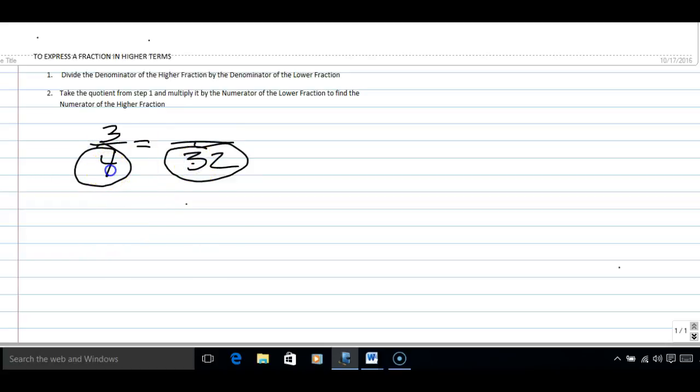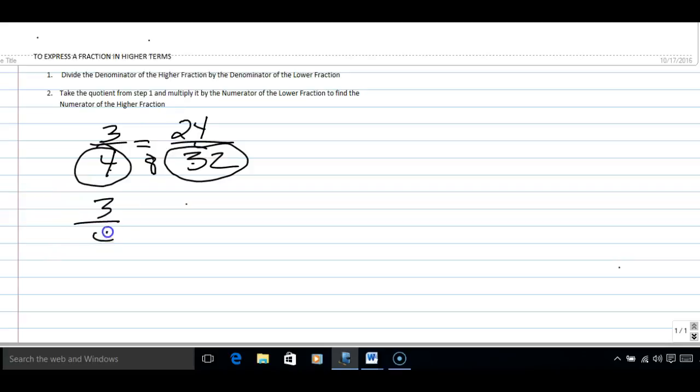32 divided by 4 is 8. So that gives me a quotient of 8. So I'm going to take that quotient of 8 and multiply it times the numerator of the lower fraction. 3 times 8 is 24, and that gives me the numerator of the higher fraction.